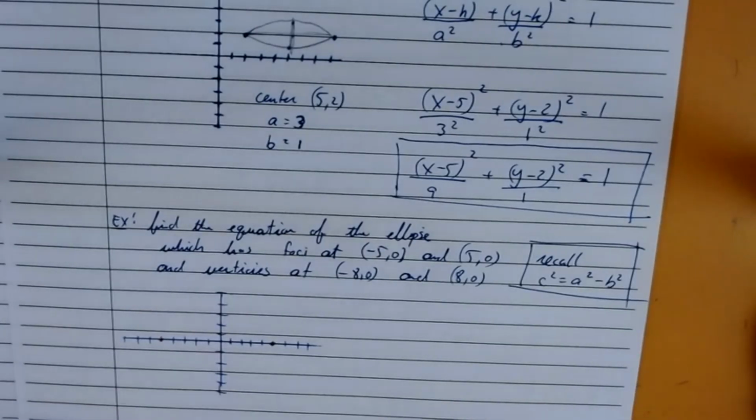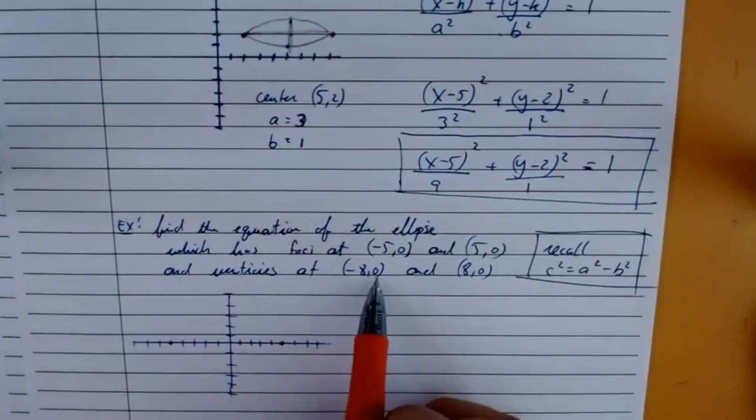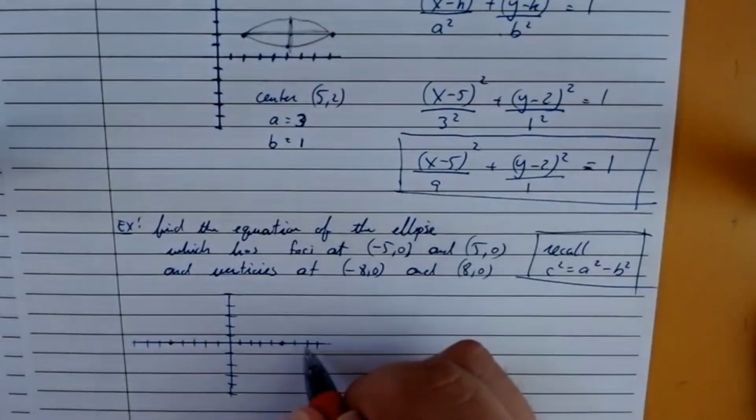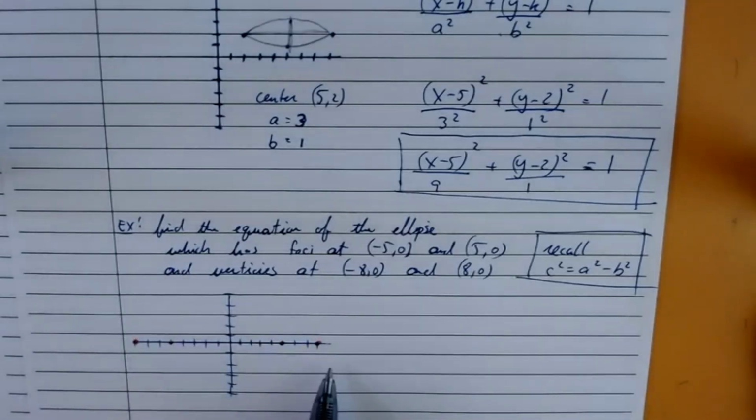Those are the location of our two foci. (-8, 0) and (8, 0). Those are the location of our vertices.